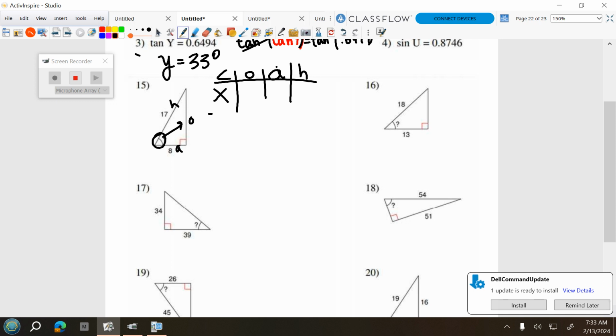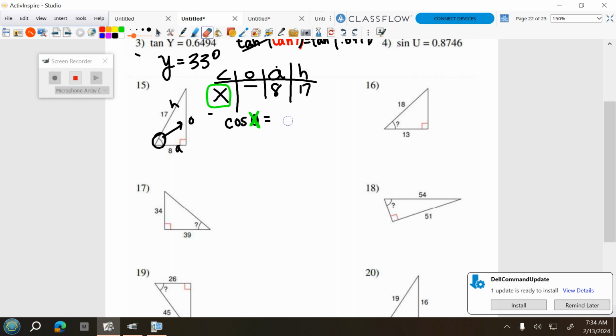The opposite is missing. Adjacent is 8. Hypotenuse is 17. So this is a cosine. Cosine of theta equals 8 over 17. And keep in mind, this angle is missing, so it's going to be cosine of x.